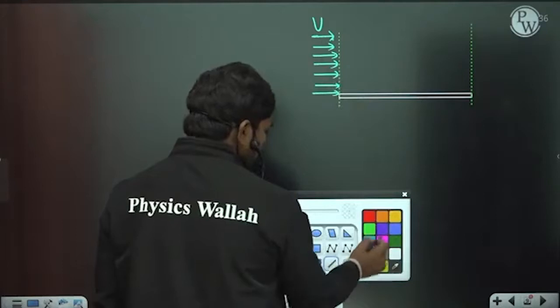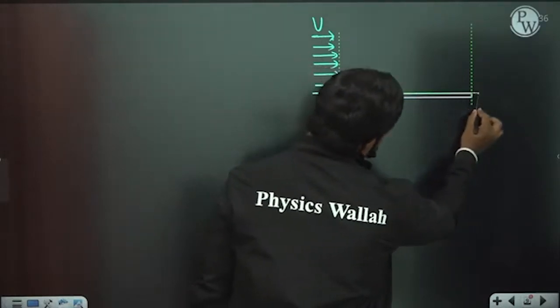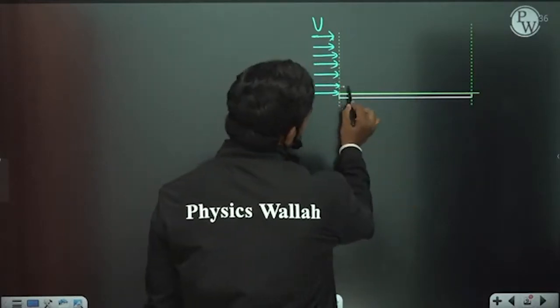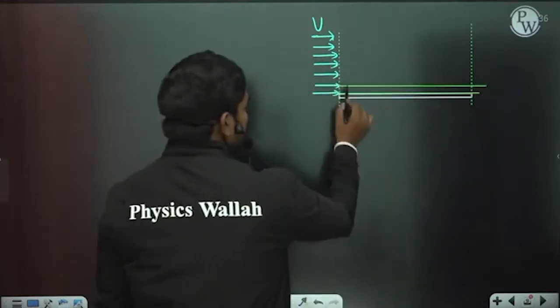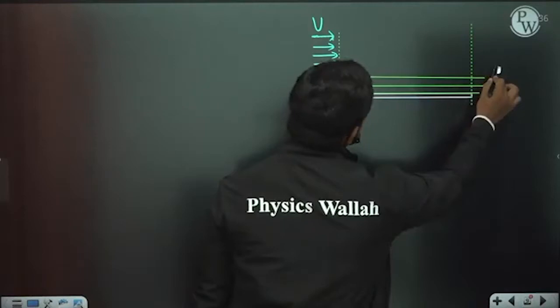This fluid, since it's in immediate contact with the plate, comes to zero velocity. This fluid layer here will try to come to a velocity slightly greater than zero. Similarly, this flow continues like this.